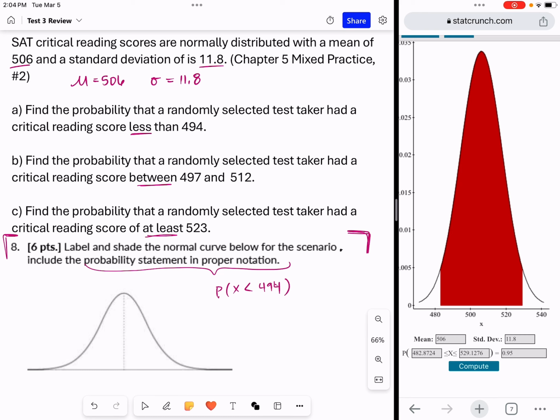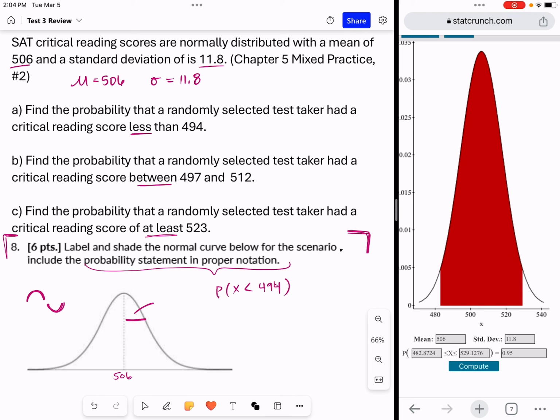Well, I need to label and shade. One thing I need to make sure I label is my mean of 506. I need to draw a line over about 1 standard deviation away. And remember, I'm not going to get too picky about it, but you're kind of looking for where the graph stops being a dome and starts being a bowl.